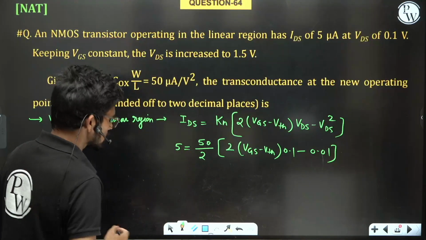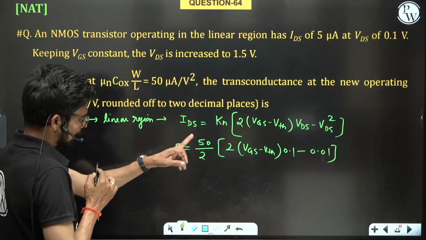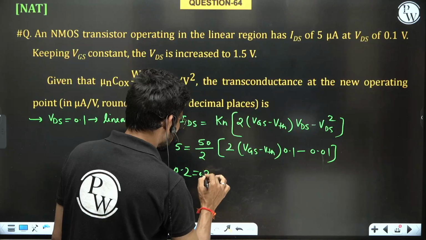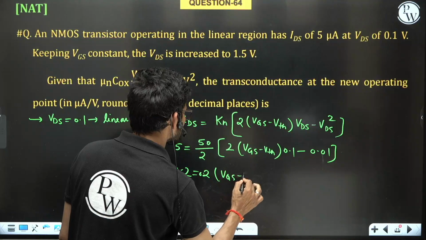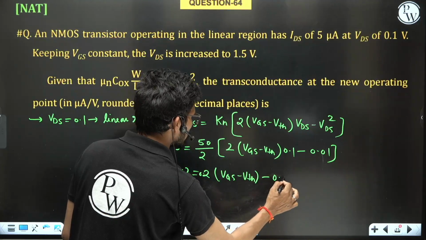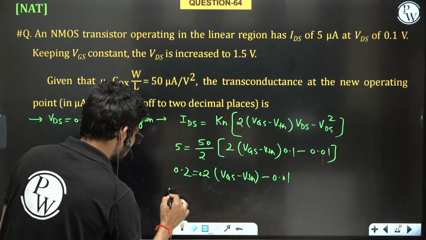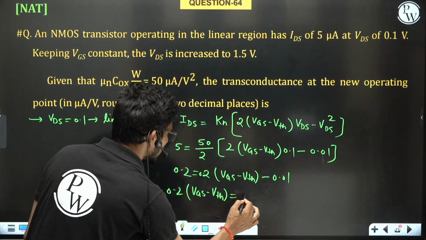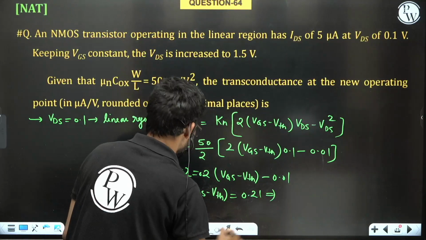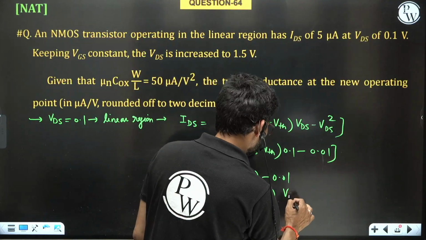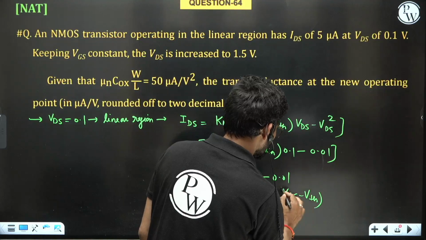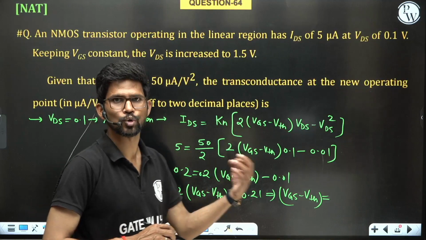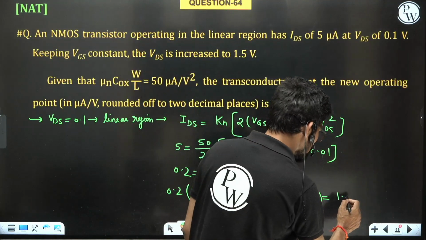Now, 5 equals 25 into 2 into (VGS minus VTH) into 0.09... so 0.2 into VGS minus VTH is equal to 0.21. So what is the value of VGS minus VTH from the first information? 0.21 divided by 0.2, this is 1.05 volt.